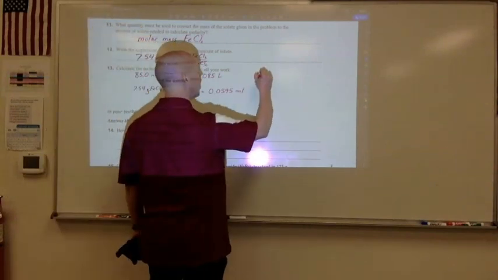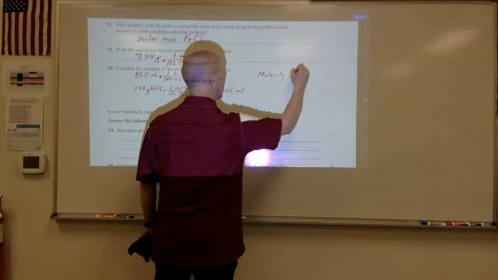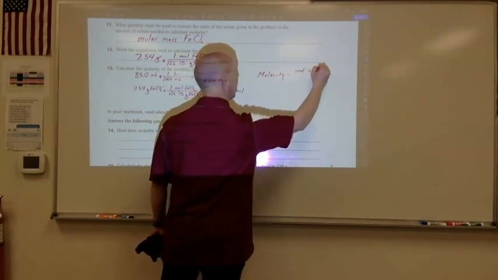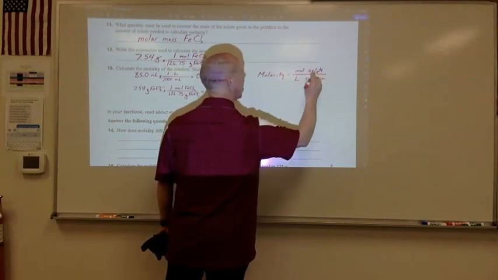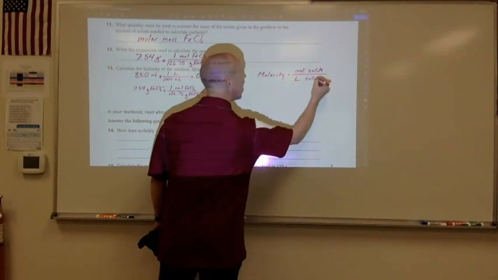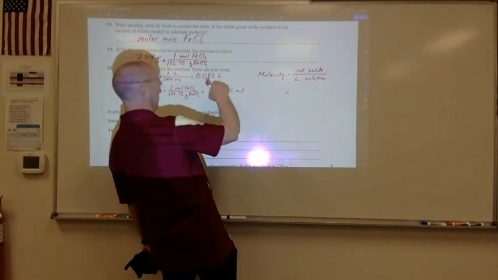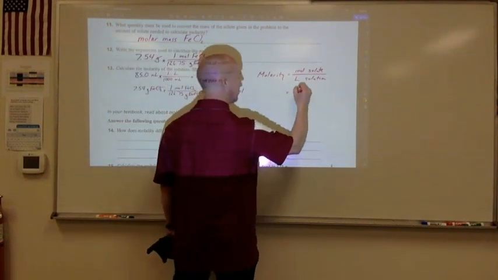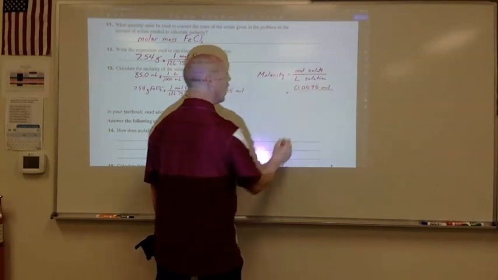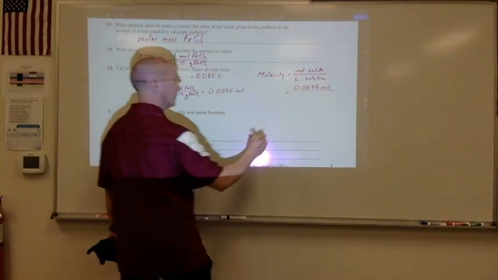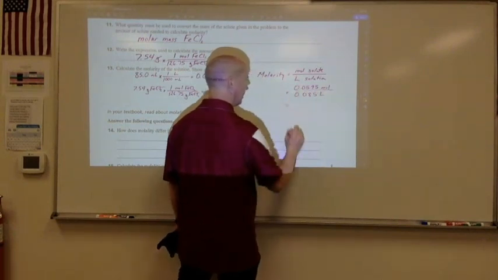Molarity, again, is moles of solute over liters of solution. So I have 0.0595 moles in 0.085 liters of solution.